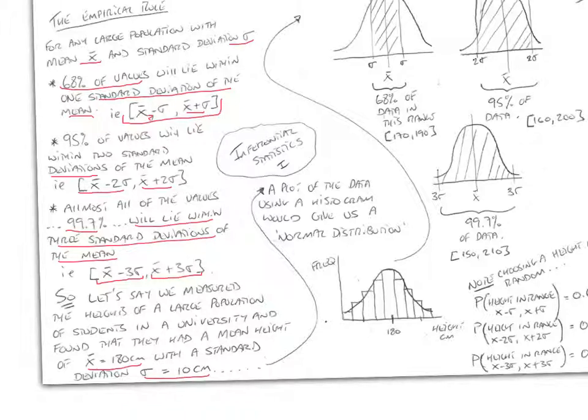Okay, so if we were to plot this data using a histogram, we would plot frequency against height, okay, and we would get this kind of histogram, which would in fact give us a normal distribution. Okay, the data we would find for a large enough population would be normally distributed and not skewed positively or negatively, like we met in the statistics chapter.